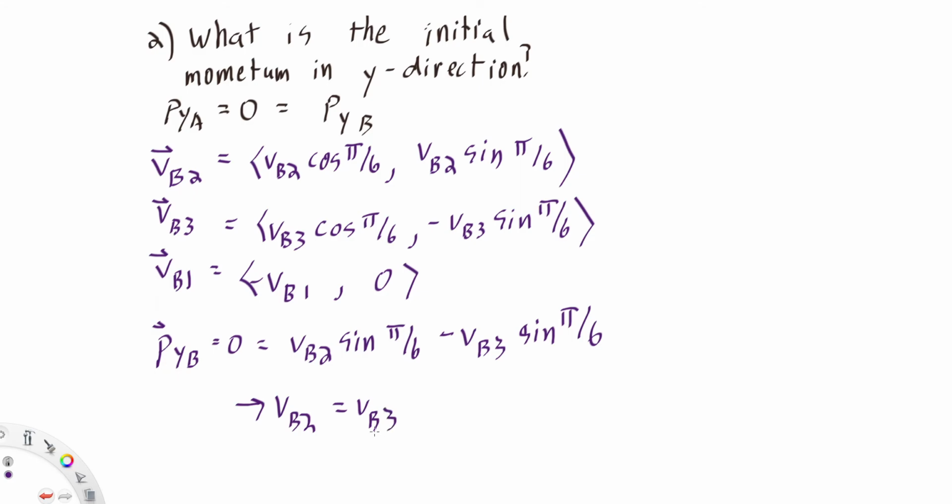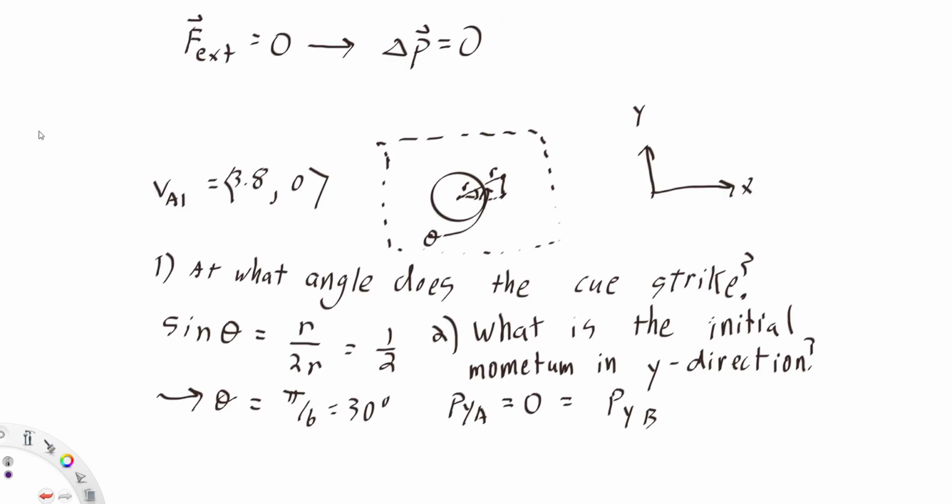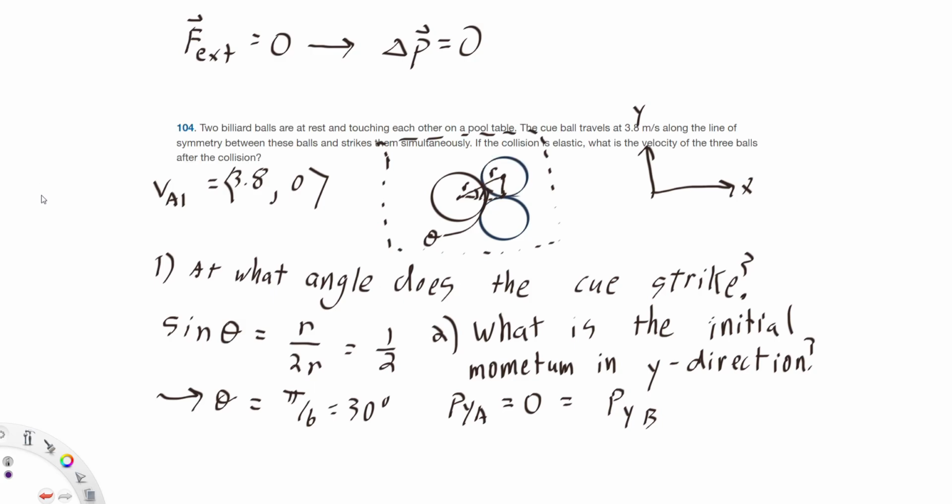So there we go. Considering the y direction tells us that the two balls that are struck by the cue are going to end up with equal momentum. Any questions so far?